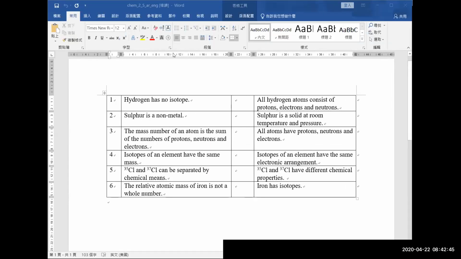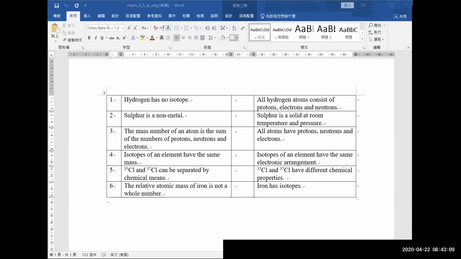Do you still remember what an assertion-reason type question is? Choice A means both statements are correct and the second statement explains the first statement. Choice C is a cross and a tick, while for choice D both statements are crosses. Do you still remember?